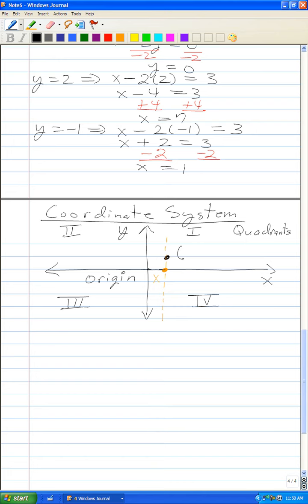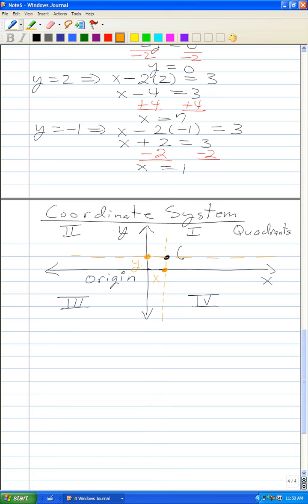Similarly, take a line parallel to the x-axis, passing through the point. Find the point of intersection between that line and the y line. Measure the distance from this point of intersection and the origin along the y-axis.